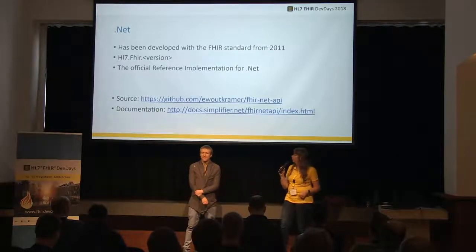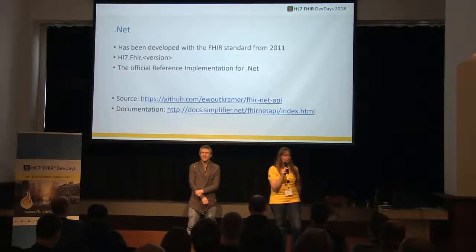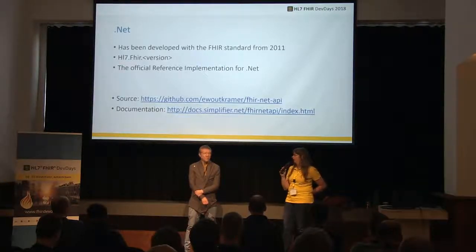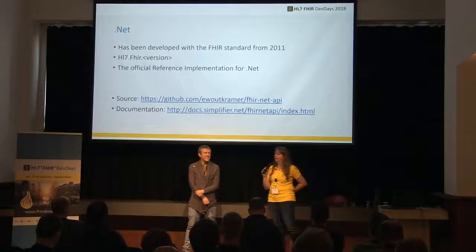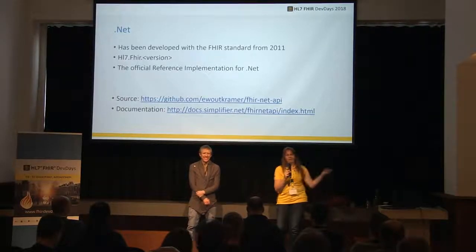So you can find the source on Ewout's GitHub, and there's some documentation on the link that you see on the screen as well. And I think it's worth mentioning that James learns from the .NET API, and the .NET guys learn from the Java API as well. So whenever James invents something really cool, we try to implement that in the .NET library as well, and the other way around.